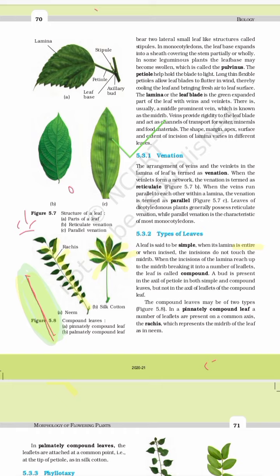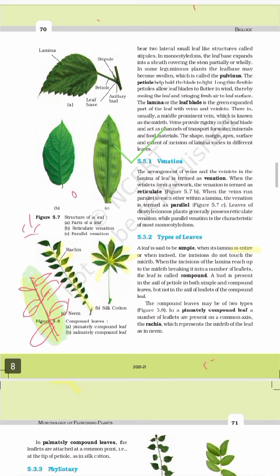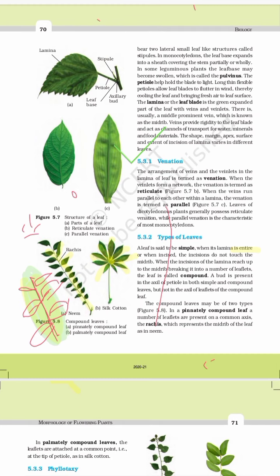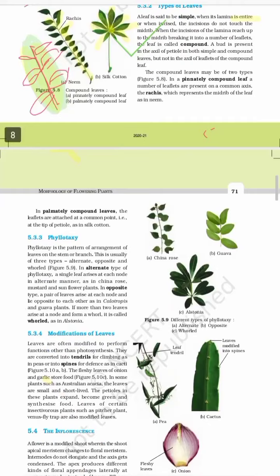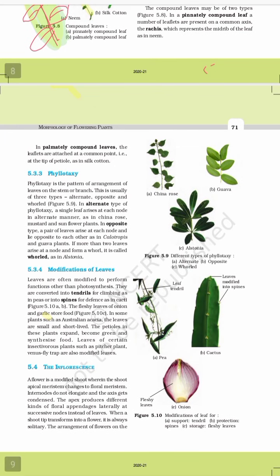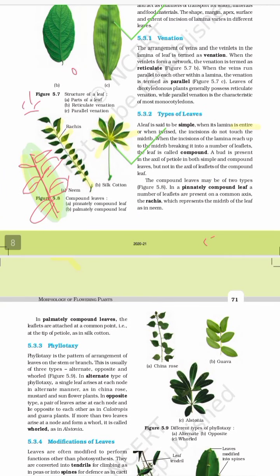Now this midrib converted itself into leaflets. It becomes pinnate. Understood? In a pinnate compound leaf, the leaflets are attached along the common axis, whereas in palmate it occurs differently.